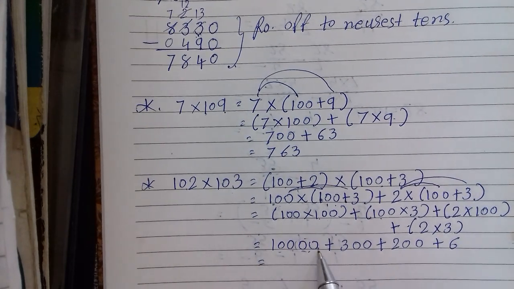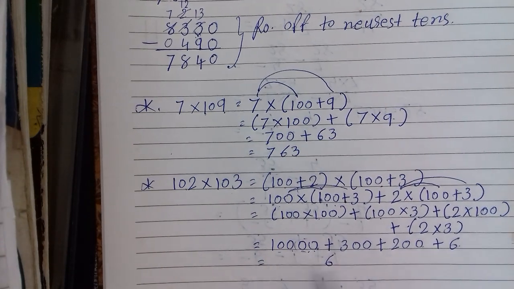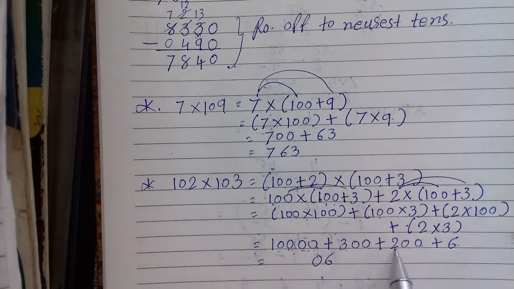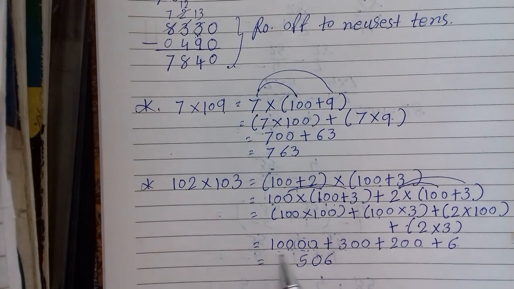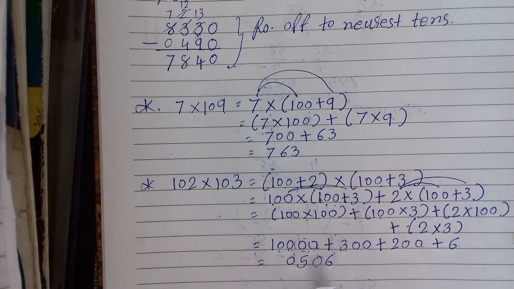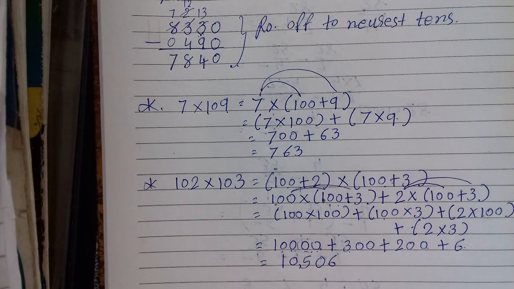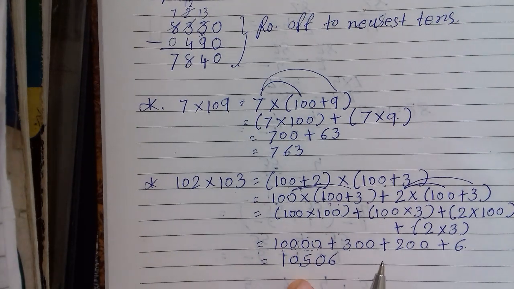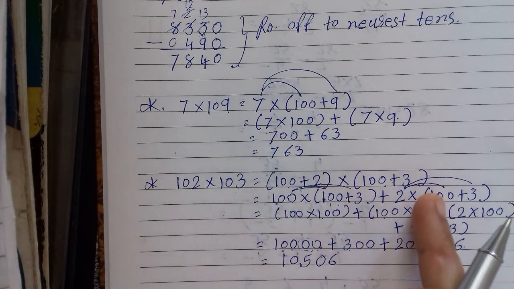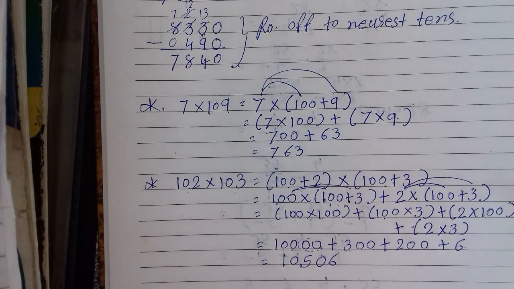Now add this. First we will add the ones place. So 6, then 0, then hundreds place 0 plus 3 plus 2, 5, then 1000, here only this, and then 1. So 10,506 is your answer. So by using brackets and expanding these brackets, you can multiply these numbers.